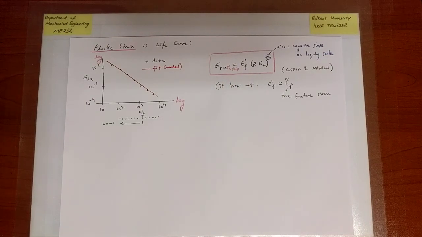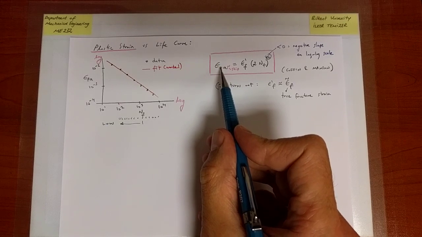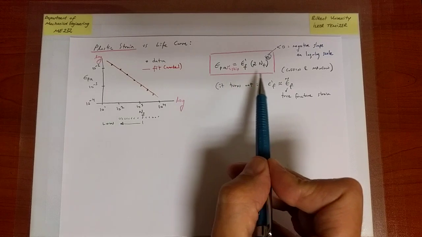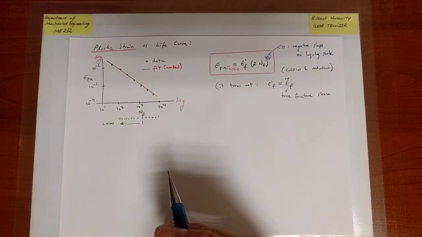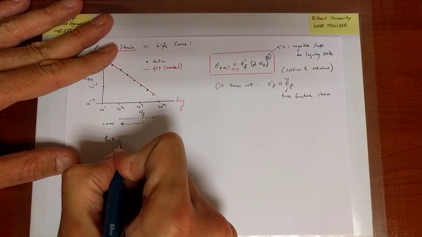Okay, but remember, our goal is not to relate the plastic strain amplitude to number of cycles to failure. It's nice that we have such a good relation, but it's hard to measure the plastic strain. Measuring the strain amplitude is easier.